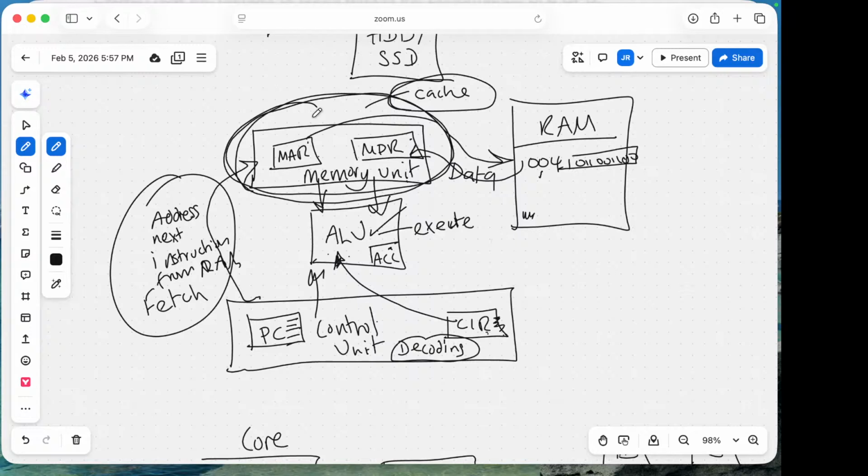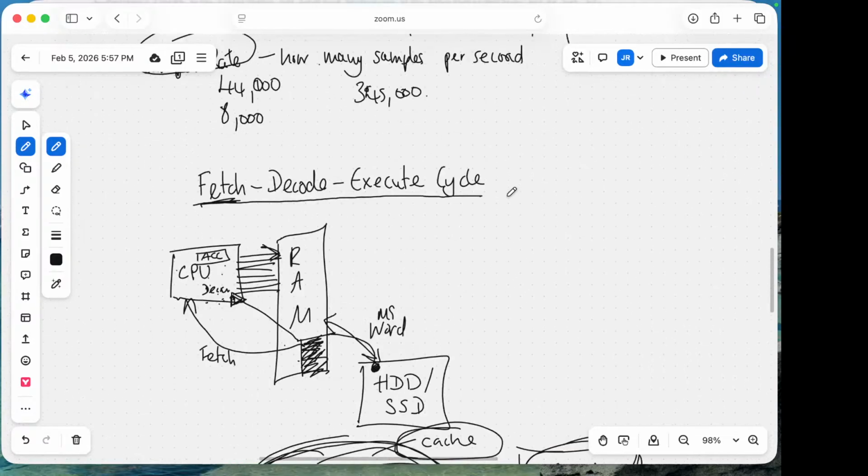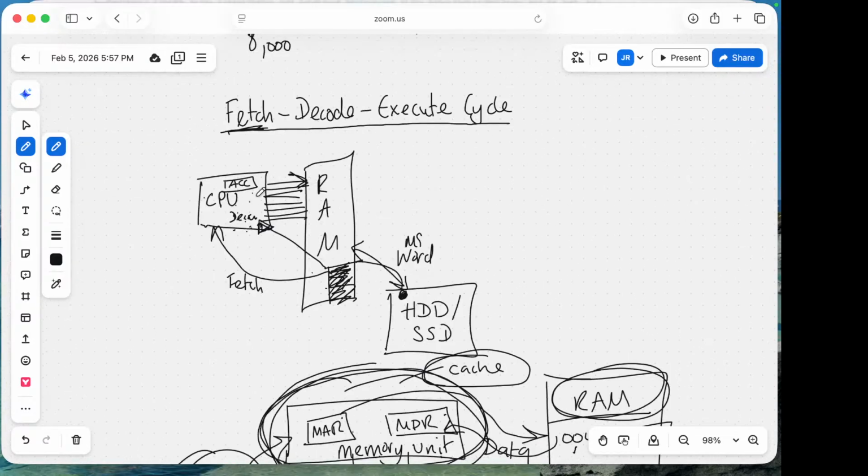The more space you have in the memory unit or the cache, the less you have to go to the RAM. And although the RAM and the CPU are physically close together inside a computer, it still does take longer to go to the RAM to get something. Whereas if it's on the CPU, in your cache, then it's going to be quicker. So the more space you can have for that on the CPU, the faster it's going to be. So that's what they're getting at with this one.